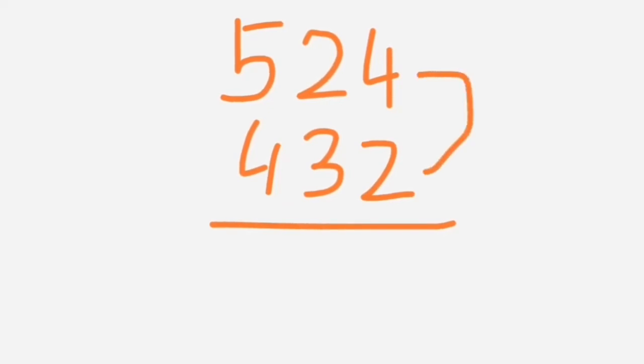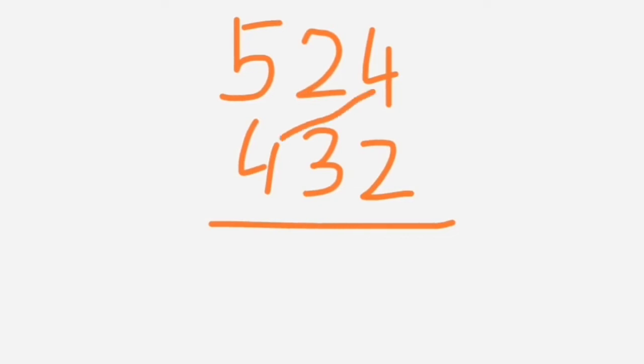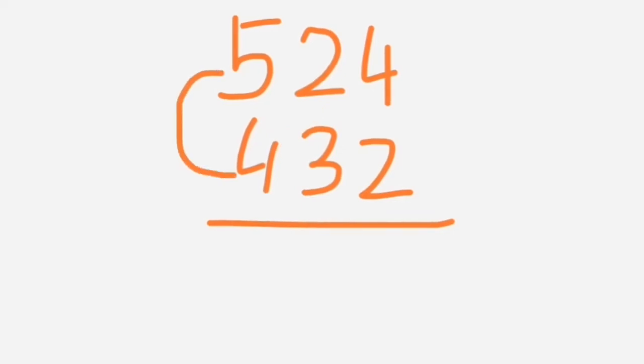The second step is 2 into 2 plus 3 into 4. The third step is the middle part, 4 into 4 plus 5 into 2 plus 2 into 3. The fourth step is 2 into 4 plus 5 into 3. And the last step is 5 into 4.